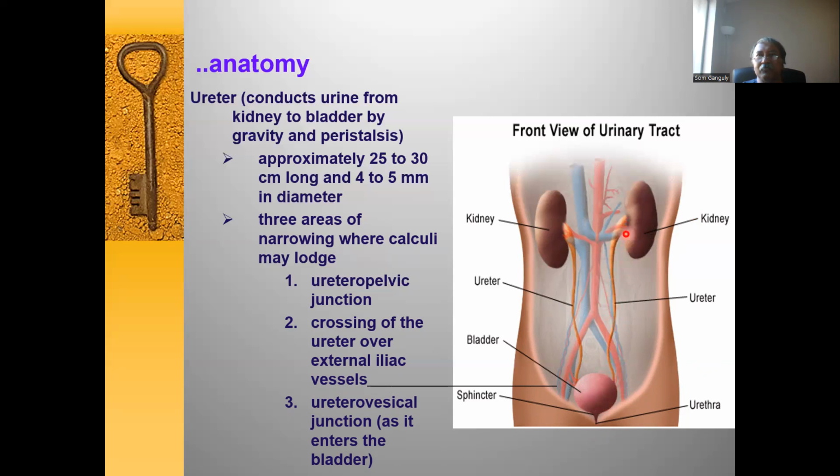Now, this catheter gets the contrast media, like Hypaque. Contrast media is radiopaque, so it's going to show up on the X-ray. So we insert the catheter and we fill these two ureters with contrast media.